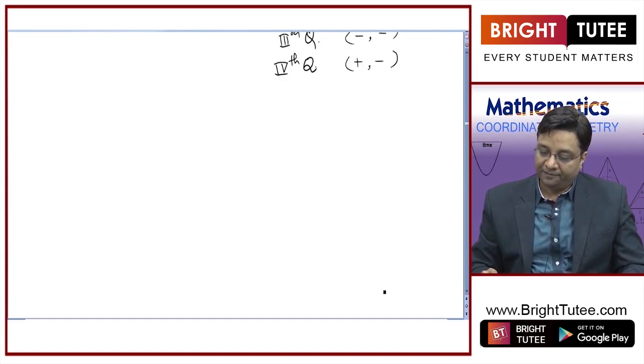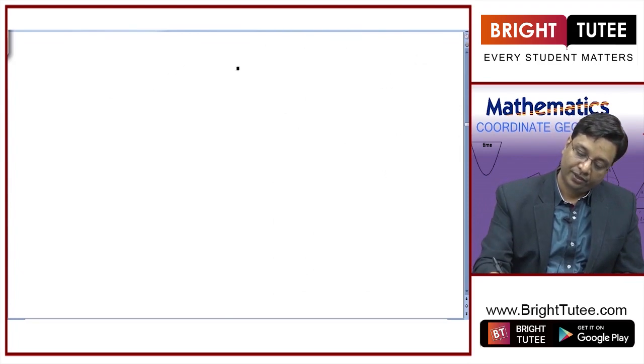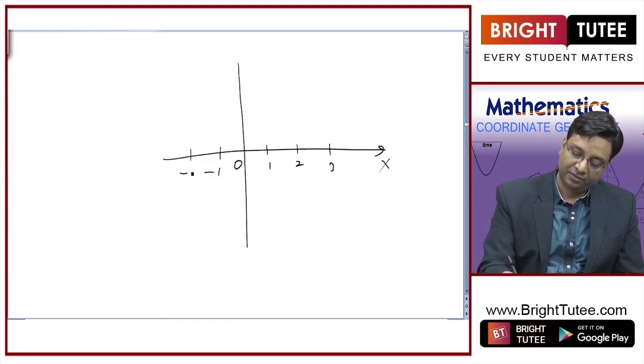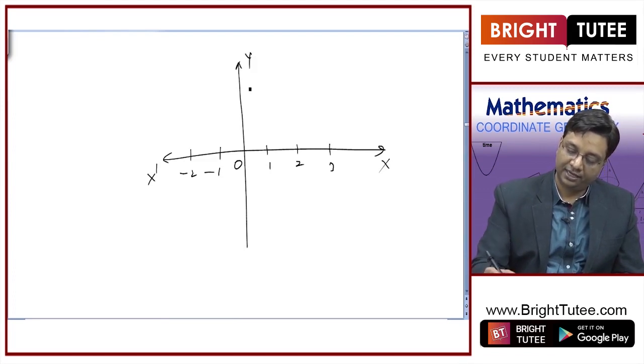Now when I am saying 1, 2, 3, let us say this is x, this is -1, -2, this is x dash, this is y, this is y dash.